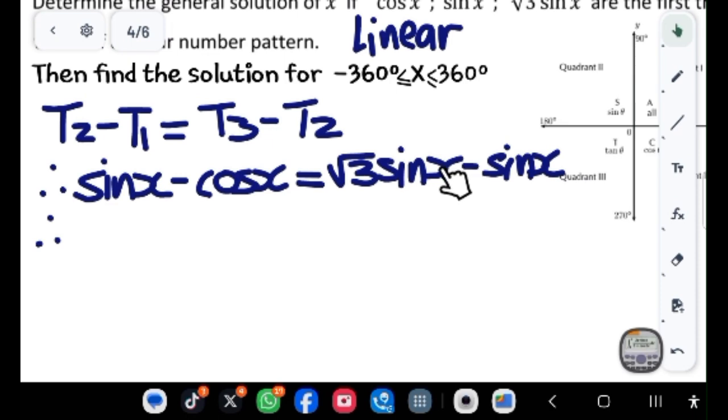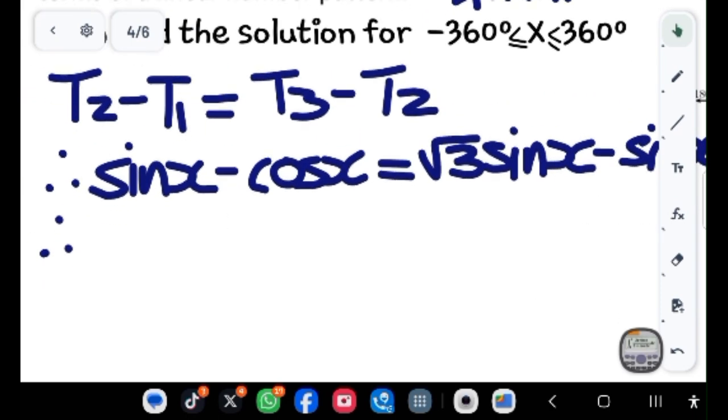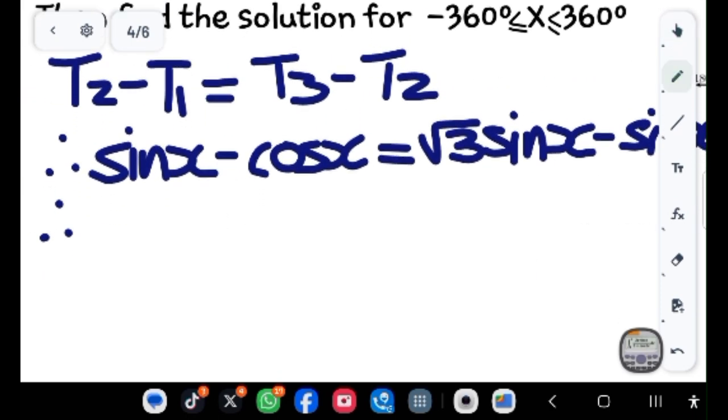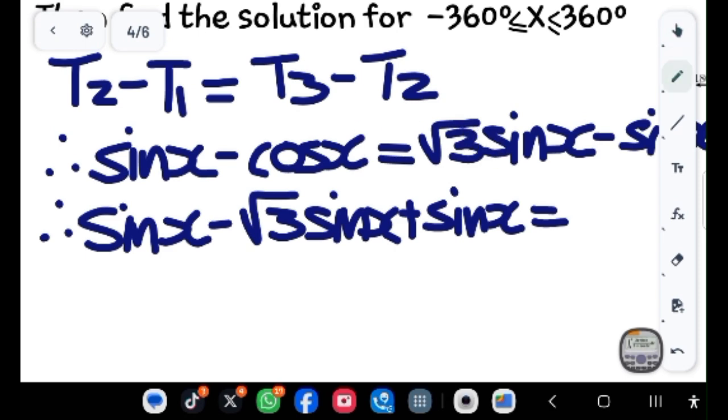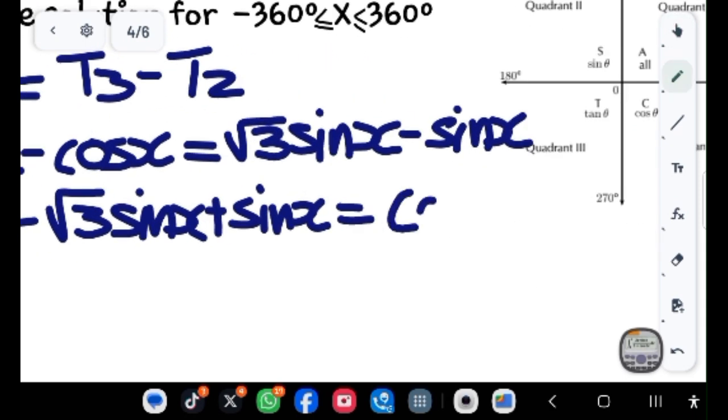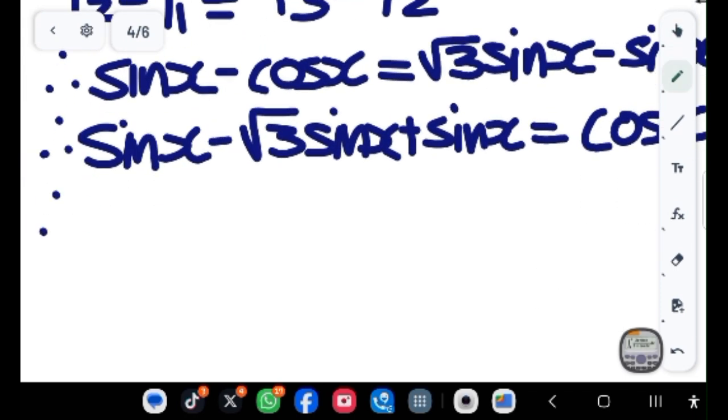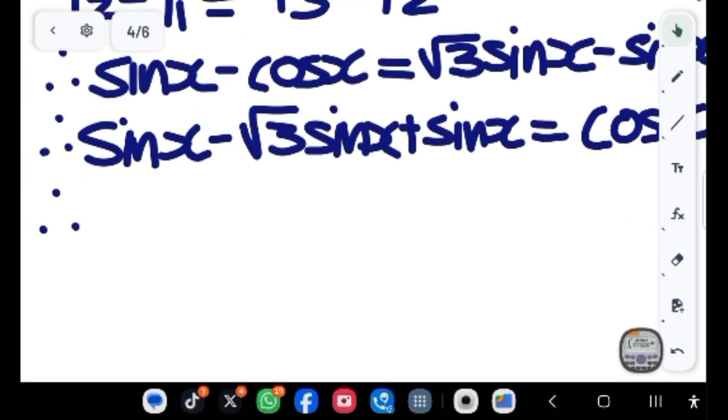How do we do that? Take all the sines to the left hand side and take the cos to the right hand side. So that's what we do. Take all the sines to the left hand side: minus square root of 3 sin x plus sin x, and then take the cos to the right hand side. In other words, let's separate these trigonometric ratios so that we can figure out a way to make them one.